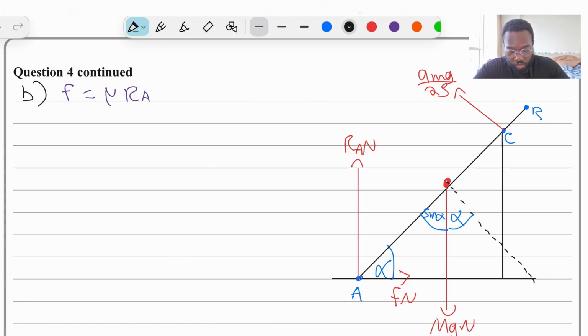One thing to note is I've written what RC is, because we worked that out, so I can just write RC as 9mg over 25. If we're resolving forces, we need to work out our vertical and horizontal components. If we think about this, we've got some alternate angles here.